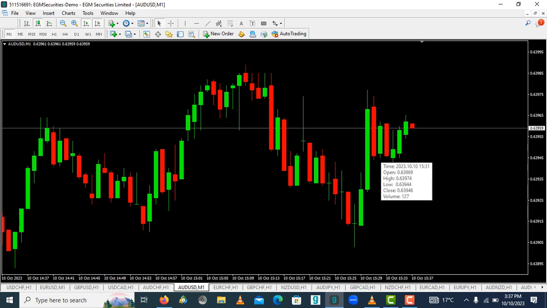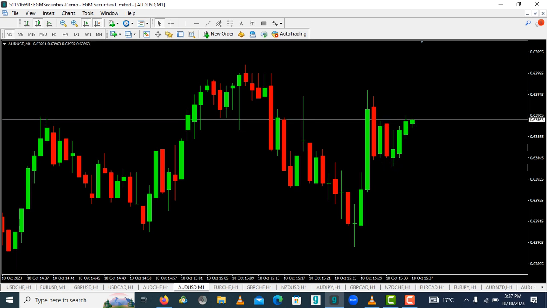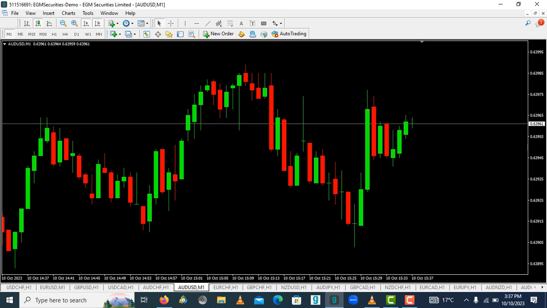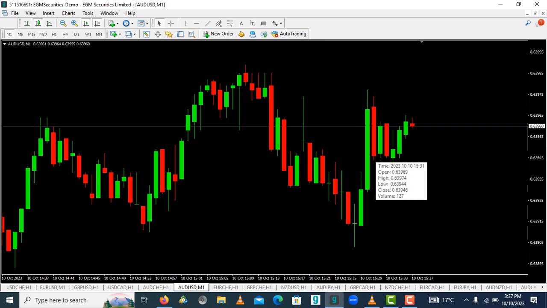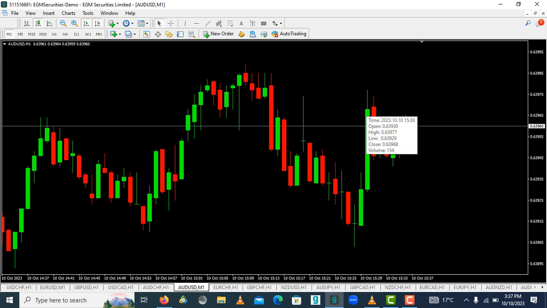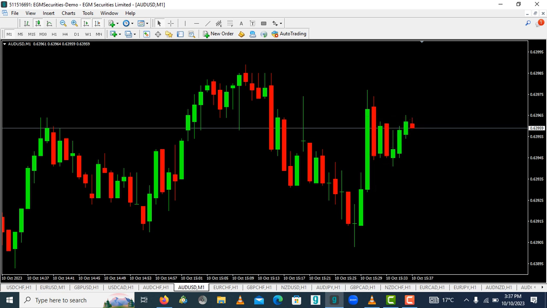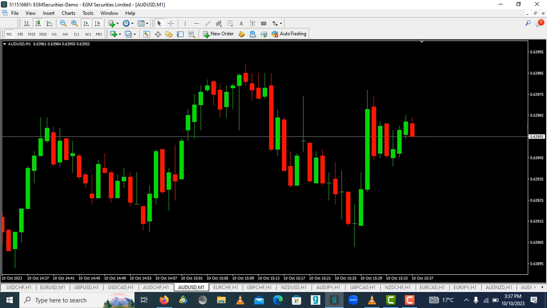This simply means that the closing of the second candle is lower than the closing of the first, big green candle, and that forms a bearish candlestick, meaning the price went down after the closing at this point. That is what we refer to as a candlestick.